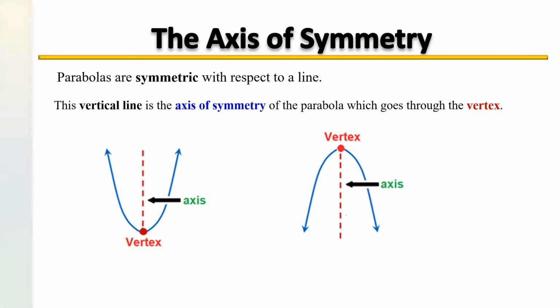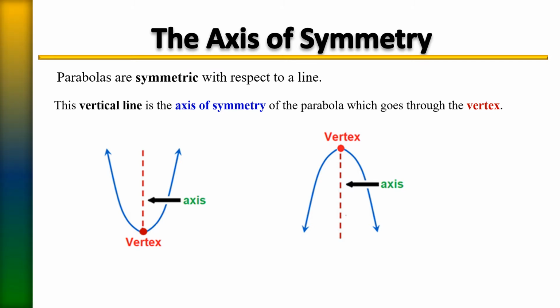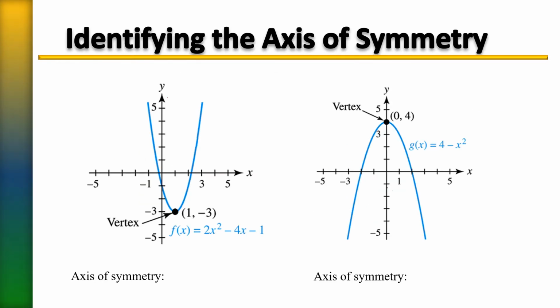Parabolas are symmetric with respect to a line, meaning you can draw a vertical line through the middle of a parabola, and it splits the parabola into two equal parts. This vertical line is called the axis of symmetry, and it goes right through the vertex of the parabola.